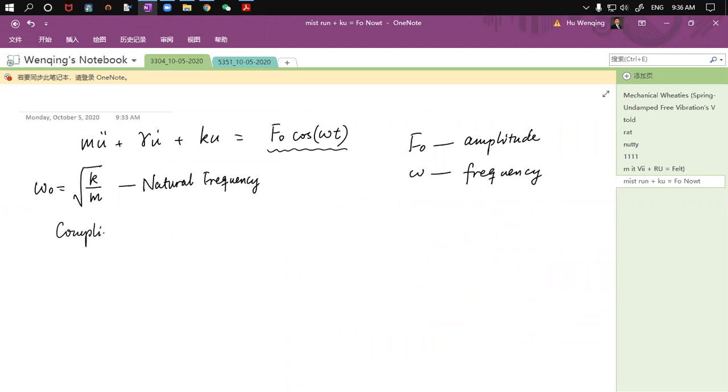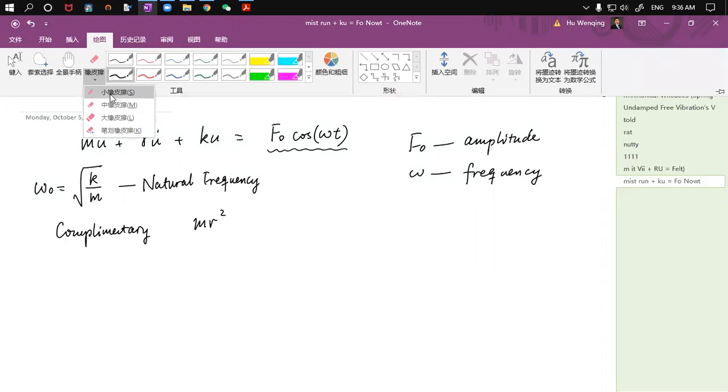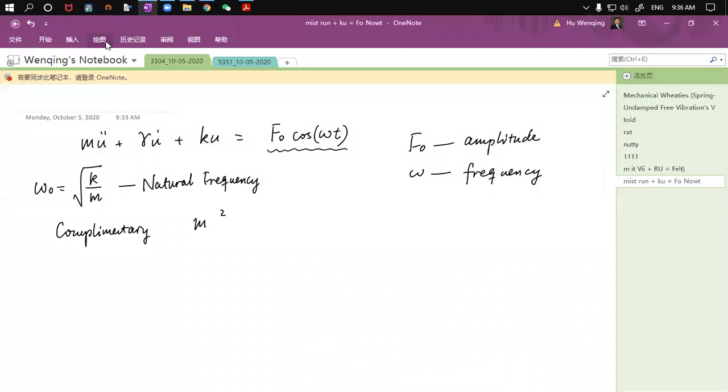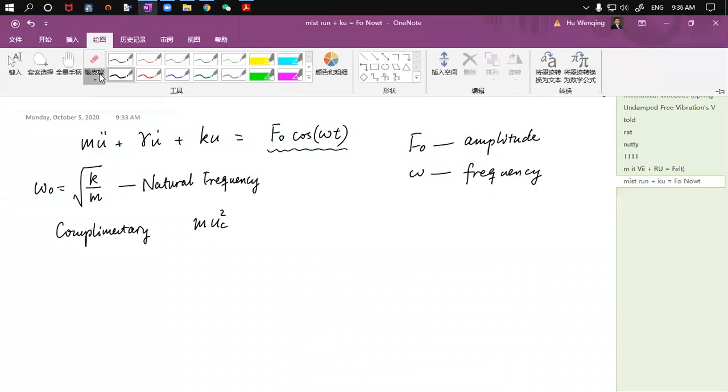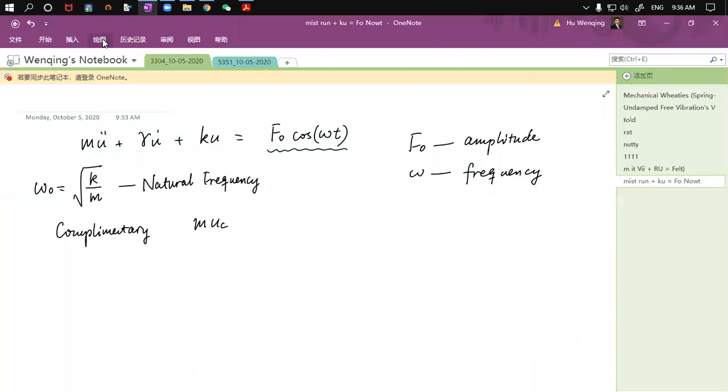This is our standard procedure: you must start from the complementary equation, which simply means you remove the right-hand side, so u_c double dot plus gamma u_c dot plus k u_c is equal to 0.